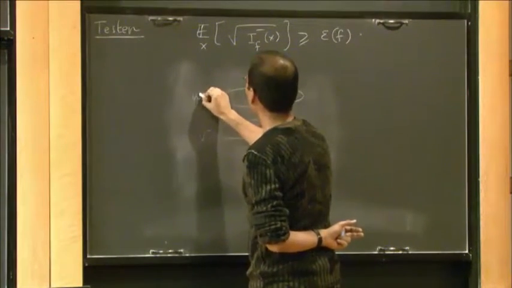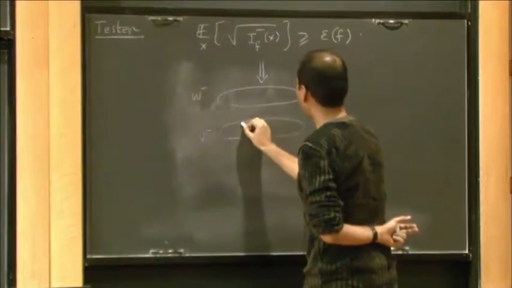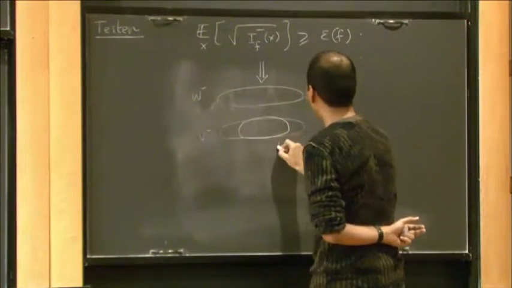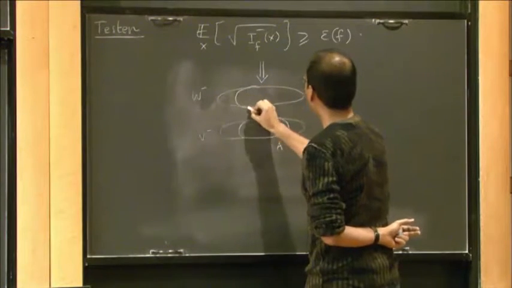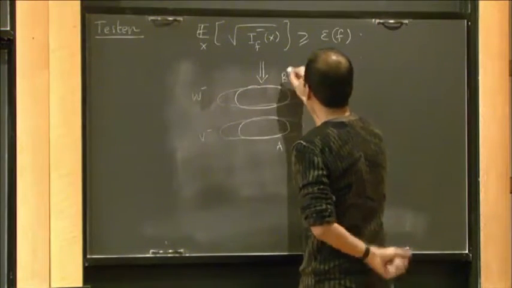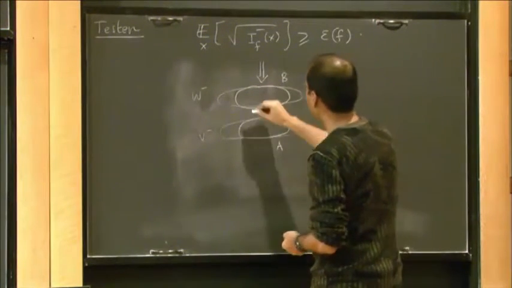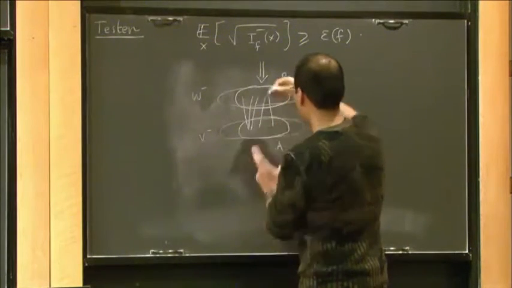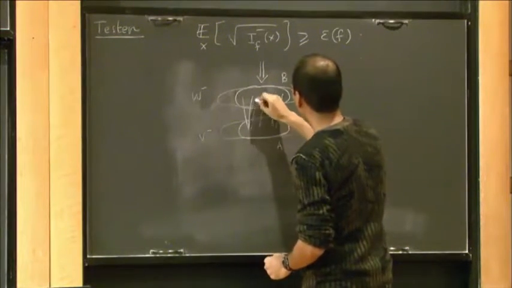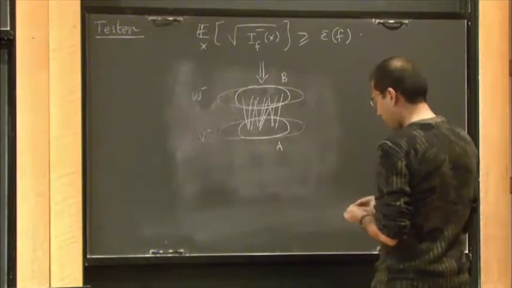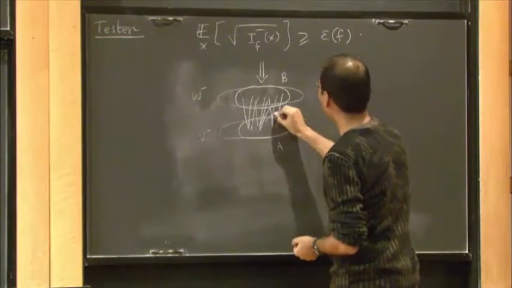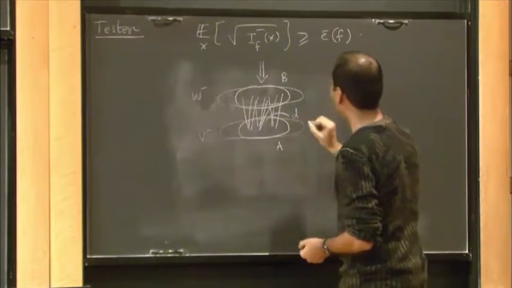There is a subset of vertices A on this side, a subset of vertices B on this side, and the subgraph is between A and B, such that all the degrees on the A side are exactly D.